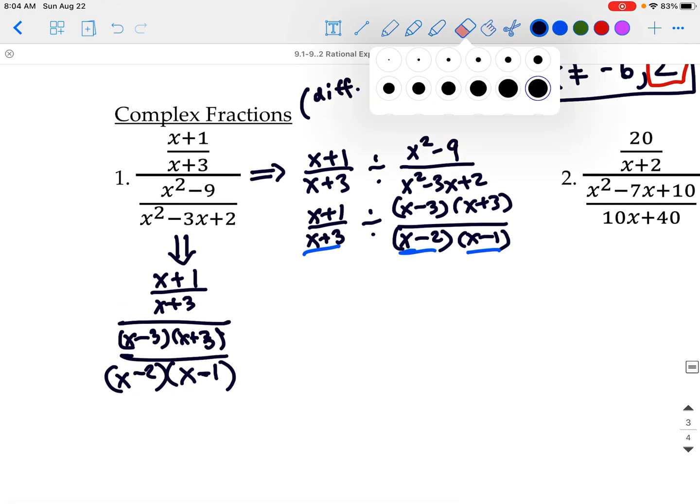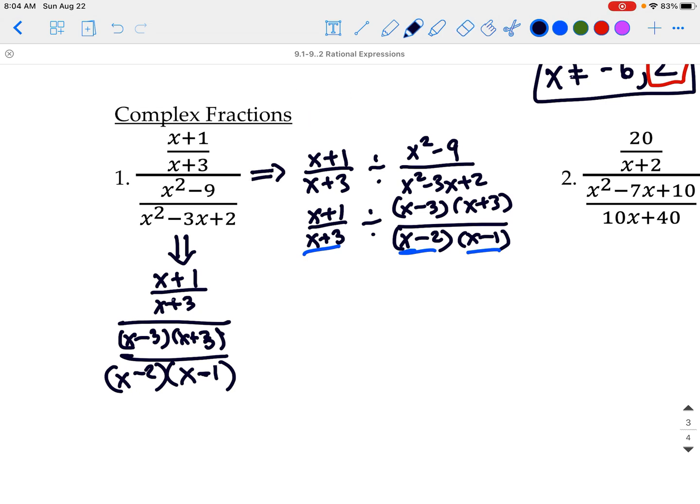So maybe we will make some room and put this above to save ourselves a bit of space. So we'll have x not equal to -3, 2, and 1. But then we also exclude x minus 3 and x plus 3.